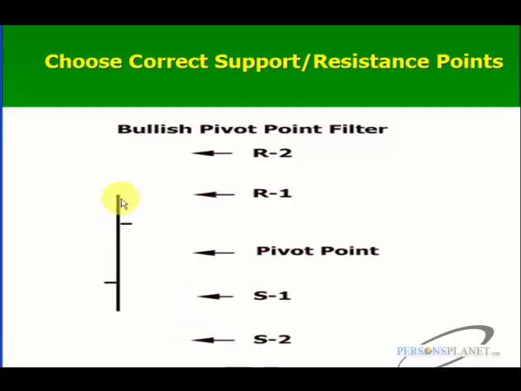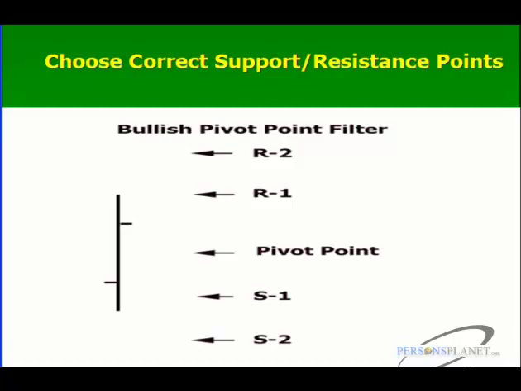First off, the R2 number would be way up here. The R1 would be at or above the prior high. The pivot point would be slightly at or above the midpoint of that range. S1 would be above the low. S2 would be an expansion of the overall range and an expansion of the low to the downside, so S2 would be lower than the prior time period's low. So that's how pivot point analysis and the mathematical calculations work out.